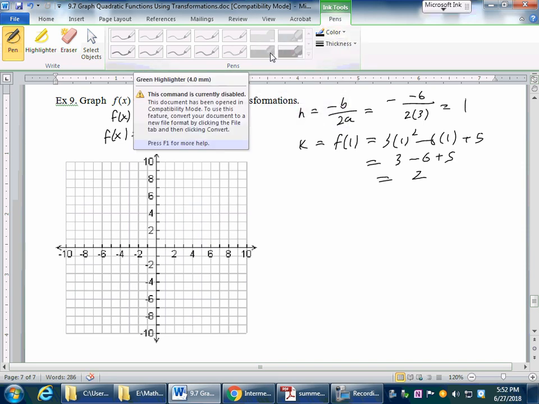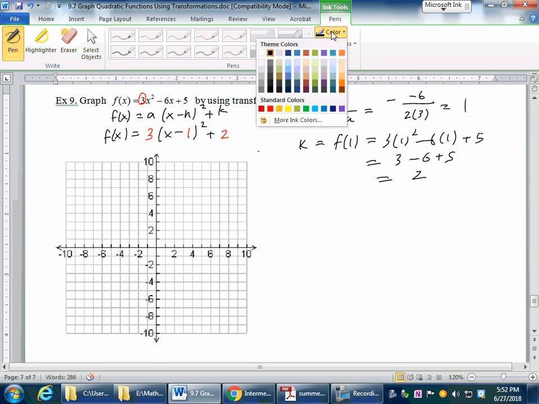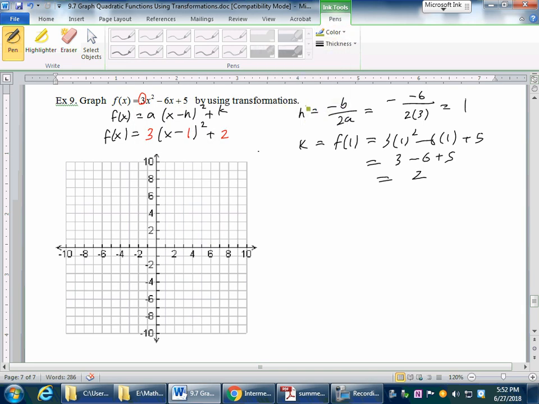So this tells me we're going to be stretched by a factor of 3 vertically, and then shift, because of the minus, to the right 1 unit, and then shift up 2 units because of the plus sign. If this would have been minus, then it would be shifted down. If this would have been plus, then it would be shifted to the left. Okay.